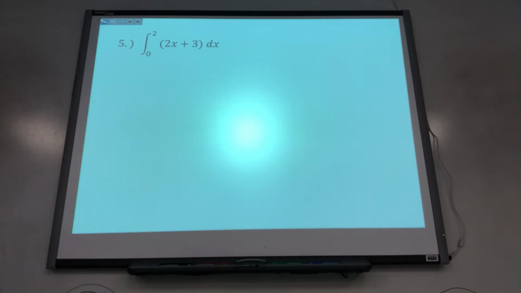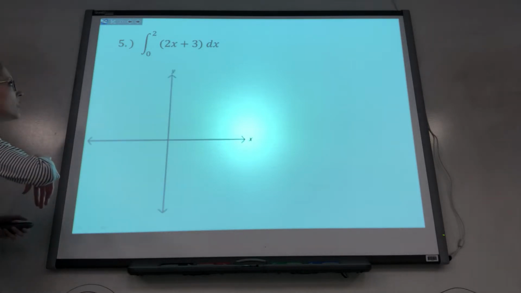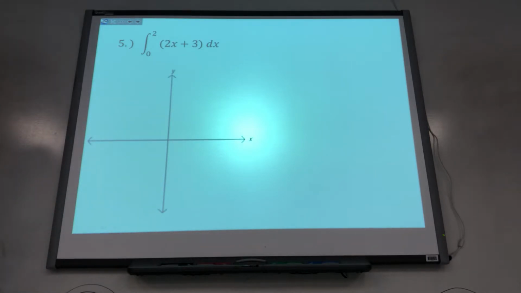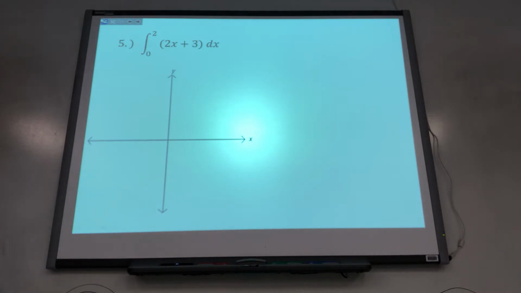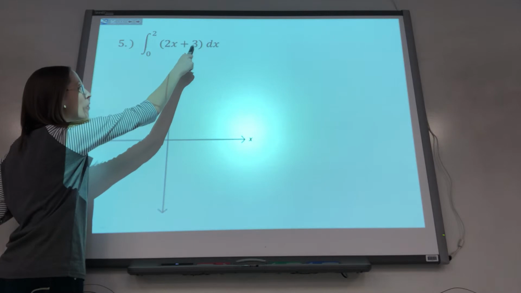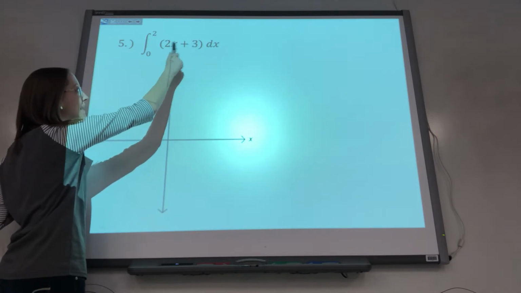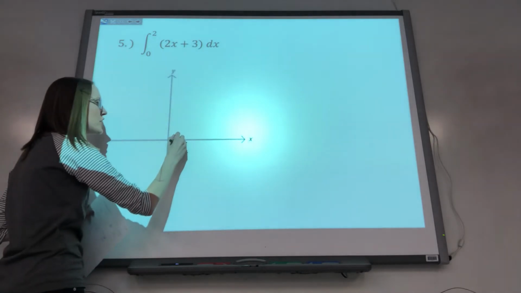Well, I know that's just a line. As far as how to graph this, you could type that into your calculator if you wanted to get a better idea of what's going on. I may just try to wing it and see what happens. It's a line with a y-intercept of 3 and a slope of 2.